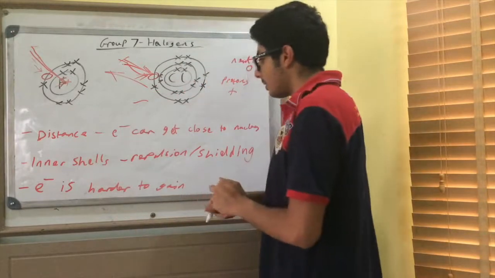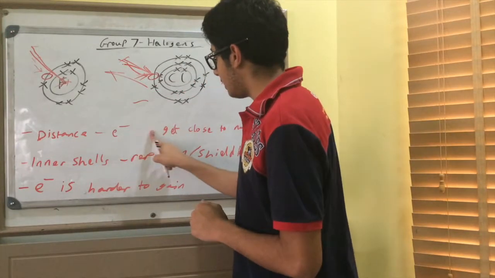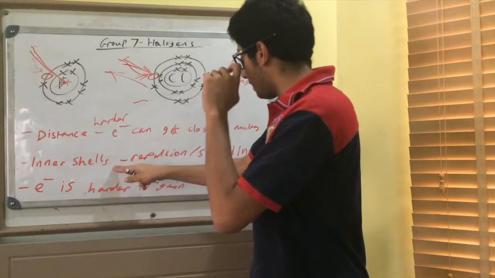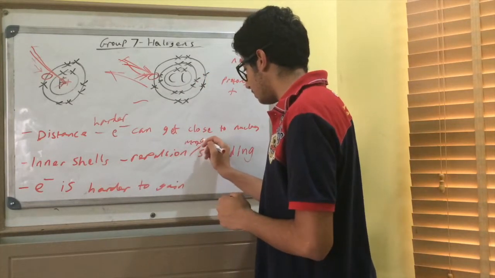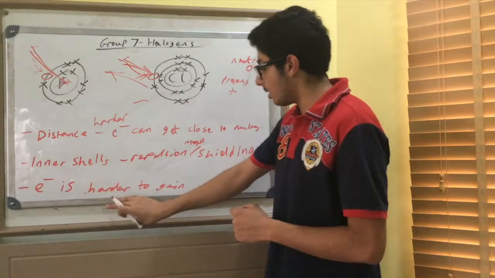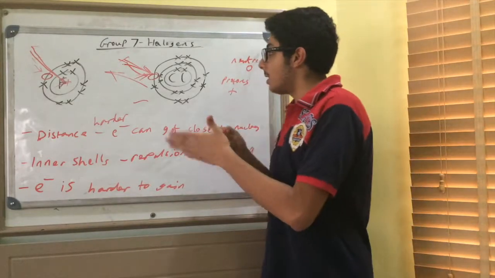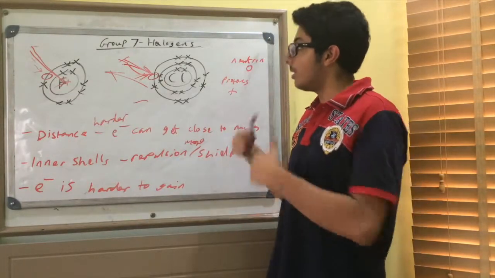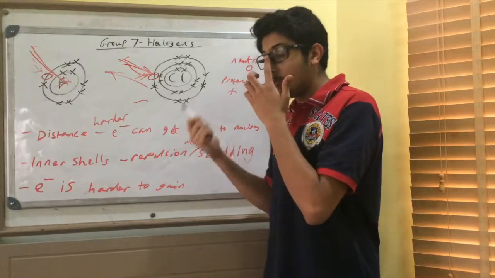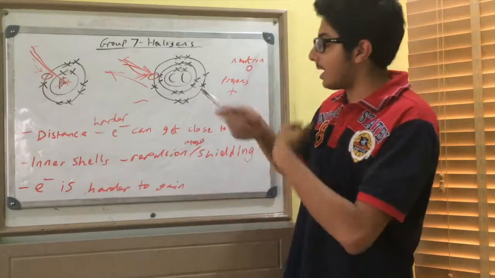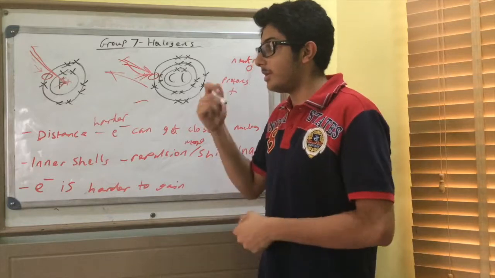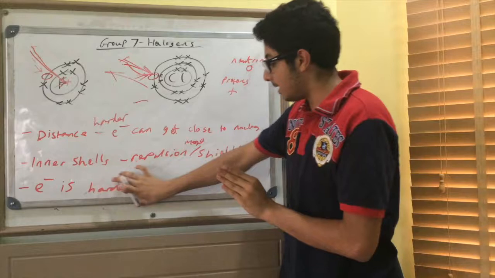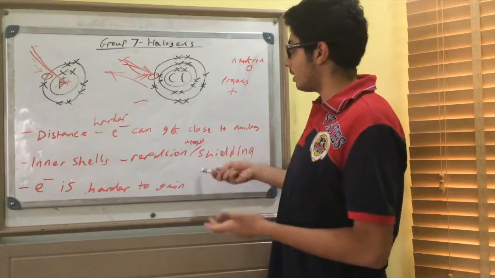So as you go down the group, it's harder for the electron to get close to the nucleus, and there's more repulsion, and so the electron is harder to gain, and that is the explanation of the reactivity decreasing as you go down the group for group 7. Remember, with group 1, same marking points, but the exact opposite, because it's based on how easy the electron is lost. Here, it's based on how easy the electron is gained. And those are your 3 marking points.